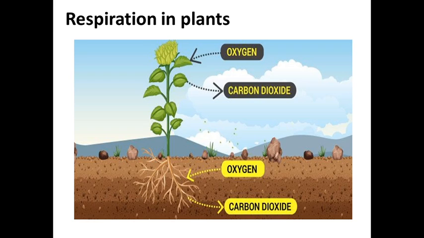When we digest food, it is converted into glucose. The same happens in plants. Most plants make glucose and obtain energy from it. So plants also do respiration aerobically. Aerobically means what? They use oxygen to break down the glucose to obtain energy.